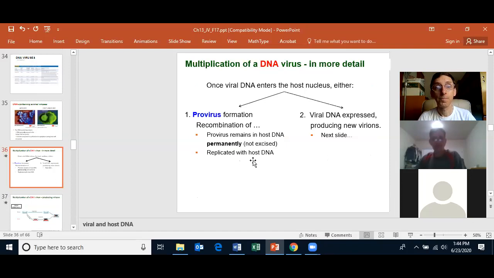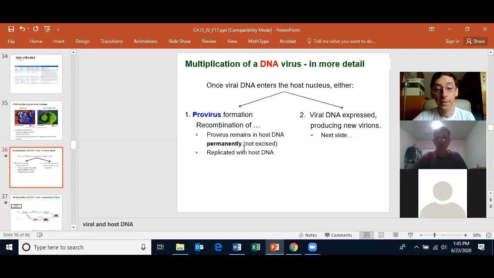Once an animal viral DNA enters the cell, the viral DNA will then enter the host nucleus. One of two things can happen. The viral DNA can enter the DNA of the host cell.